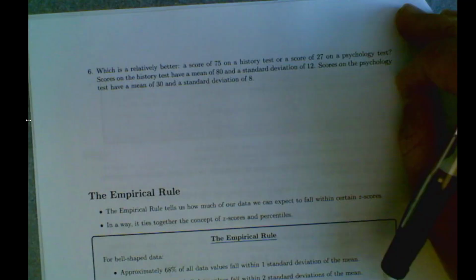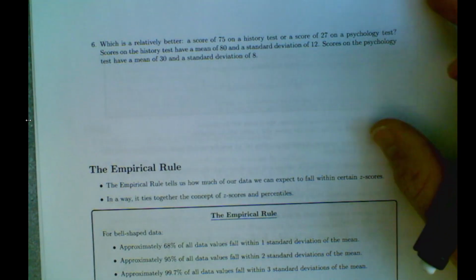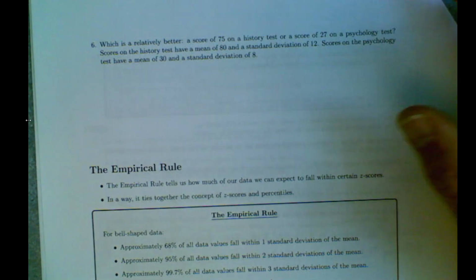Here's how we can use the z-score to compare two individuals from two different data sets, right? This one says, which is a relatively better score? A score of 75 on a history test or a score of 27 on a psychology test? Scores on the history test have a mean of 80 and a standard deviation of 12. Scores on the psychology test have a mean of 30 and a standard deviation of 8.